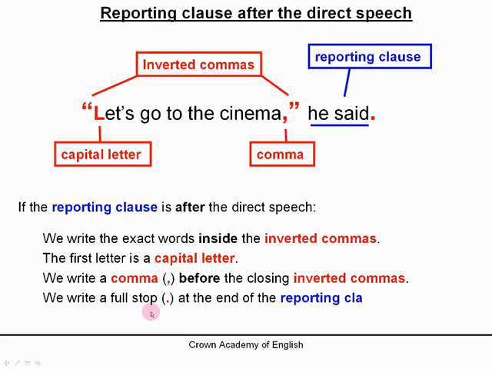And we write a full stop at the end of the reporting clause. So the full stop is here. Okay? So it is slightly different when the reporting clause is after the direct speech.